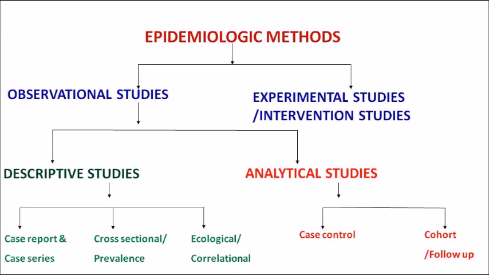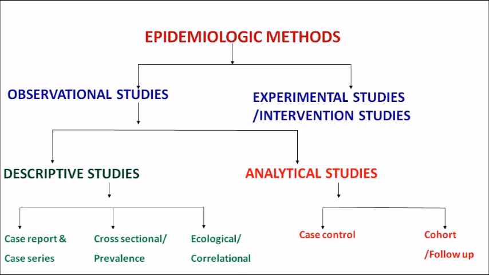If we are not providing an intervention, those types of studies come under observational studies, and if we are giving an intervention, those come under experimental or interventional studies. So that is the first level of classification, into observational and experimental, based on whether we are giving something or changing something or doing something with respect to our study.